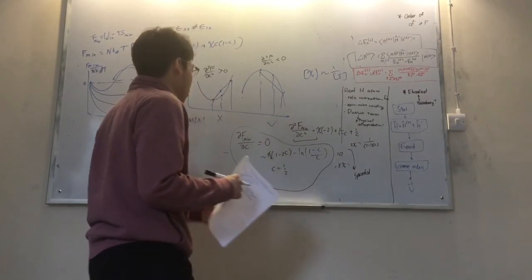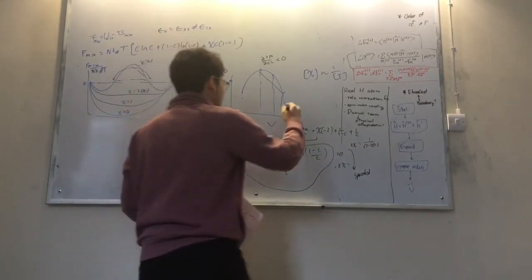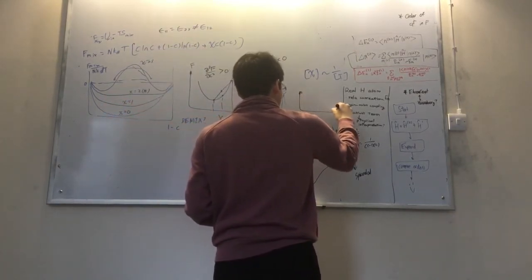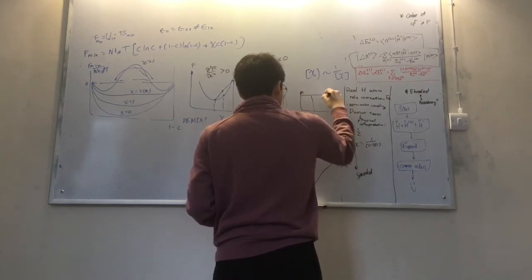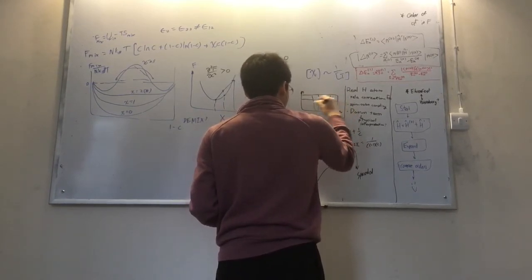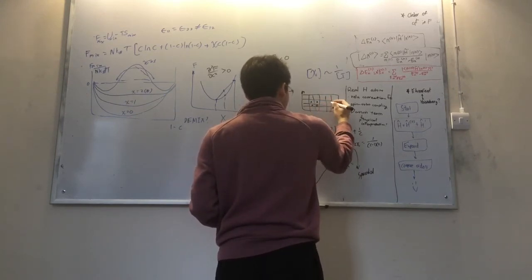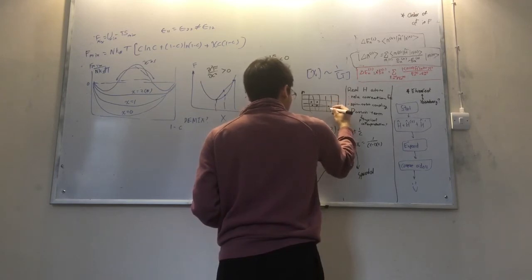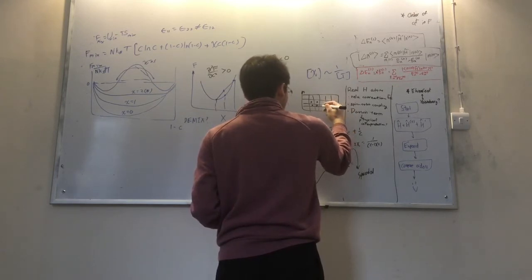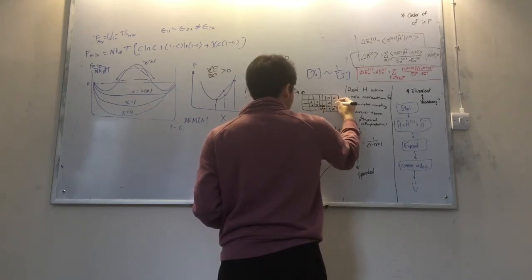I think what this means is that if you look at it sort of like the grid, you can have something like this, right?